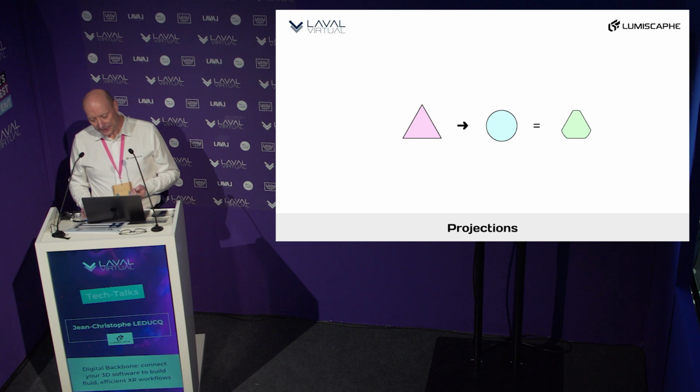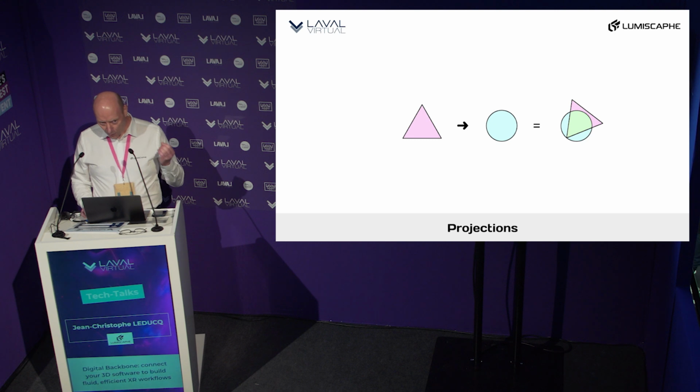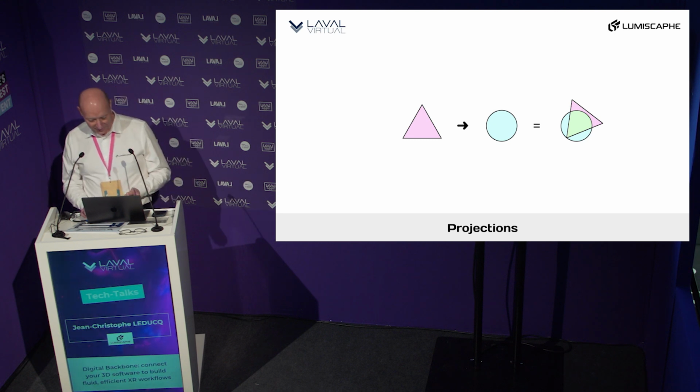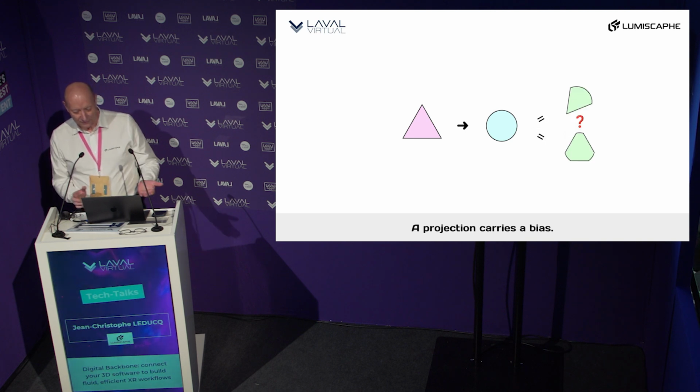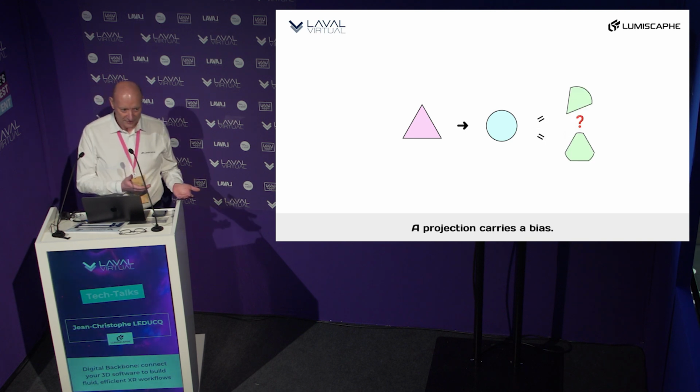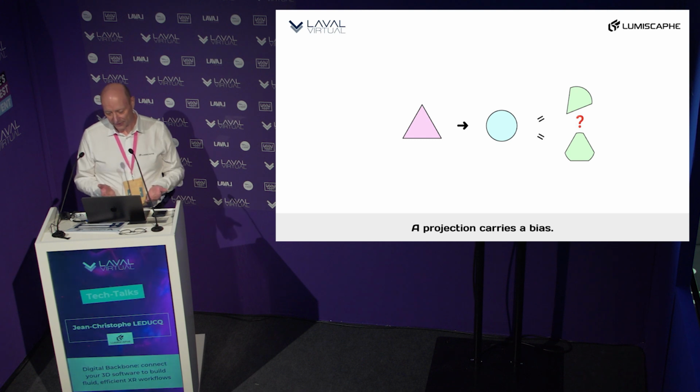Another thing that seems very important to me is that when you make a projection like that, you have several ways to project your information from world A to world B. So the result may be that also. What is the right way to project my data from left to right? Is it the first one or the second one? That's very important to understand, because projection introduces a bias in your data.